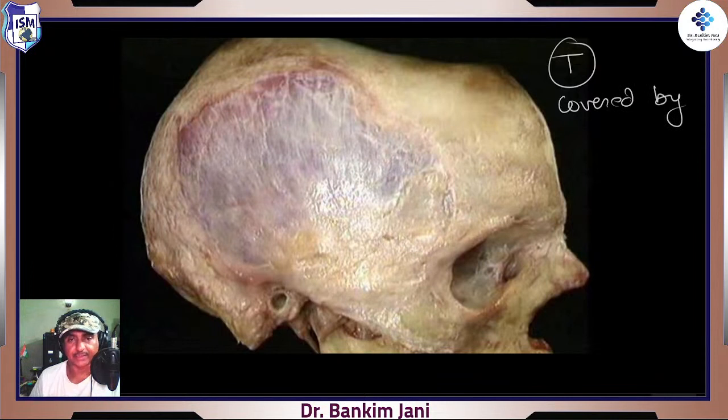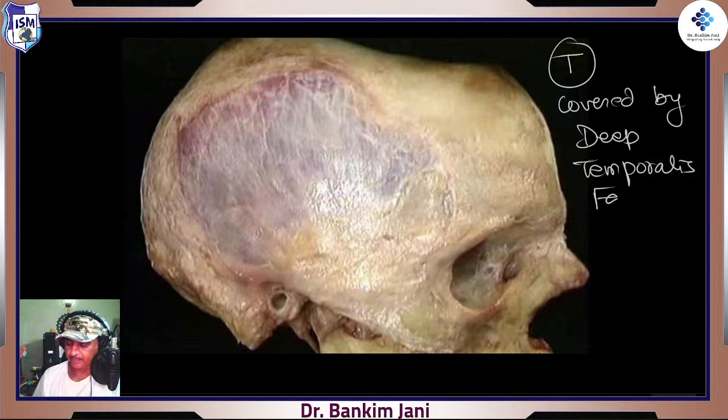And this is important, so this temporalis is covered by a specific fascia that is called the deep temporalis fascia, right? So where would it be attached? All the way it is attached to the bones, right?